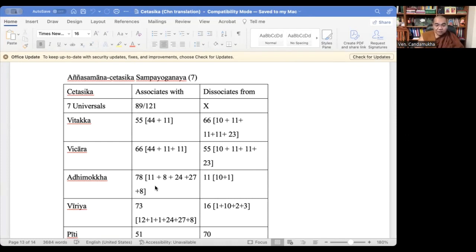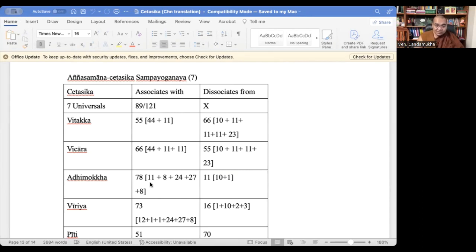So there you can understand that when you are doing Kusala or Akusala, there is Adhimokkha. Even when you are thinking about something, whether it is good or bad, there is a decision. You are going to make a decision, whether it is a good quality or bad quality, and so on.